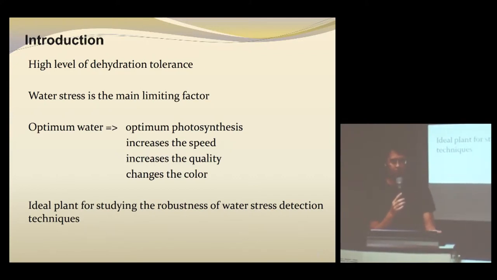If we get optimum water, we get optimum photosynthesis, so we get optimum speed, quality, and color. So it's an ideal model for studying water stress detection techniques, because we can see clearly if the water stress detection technique really works or not.